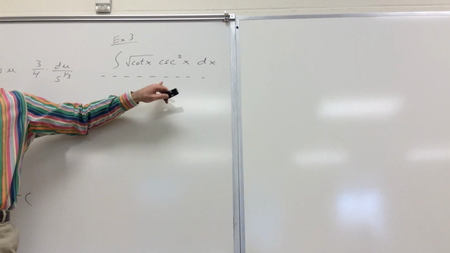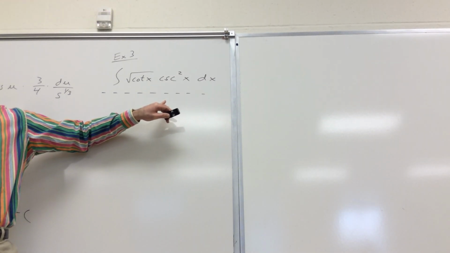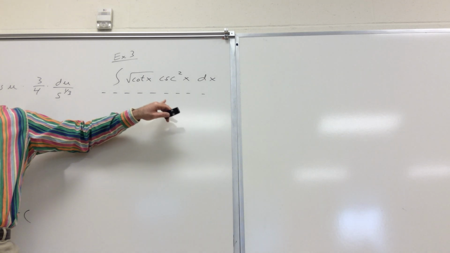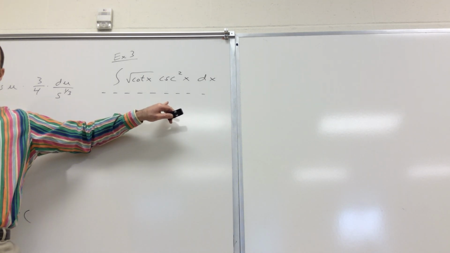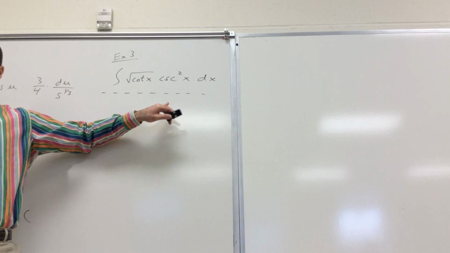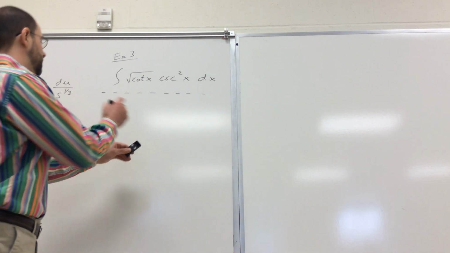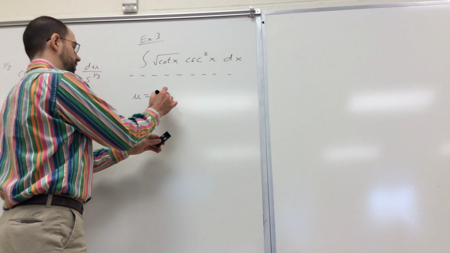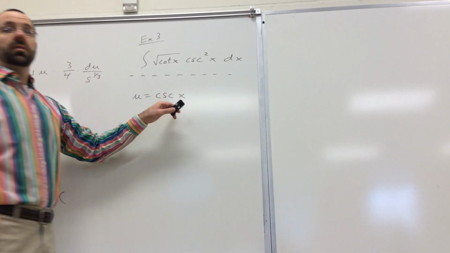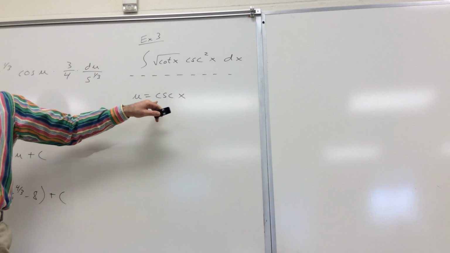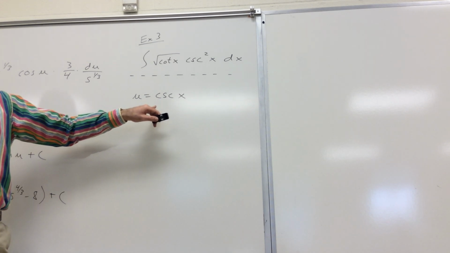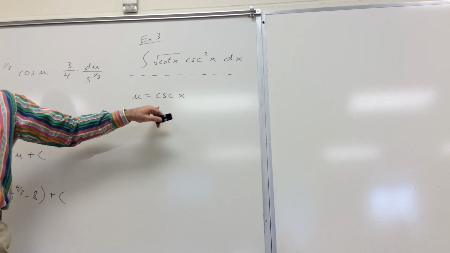Okay, so this one's a little bit awkward because there's two inside functions. Cotangent is sitting inside of the square root, and cosecant is sitting inside of squared. So I'm just going to pick u to be cosecant. It's a reasonable choice because the cosecant is being squared. So that is an inside function. Write this down, we'll see what happens.